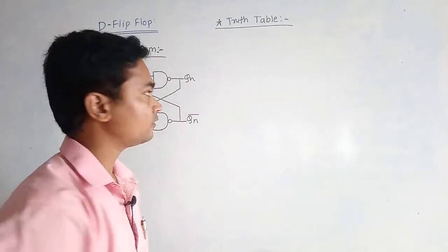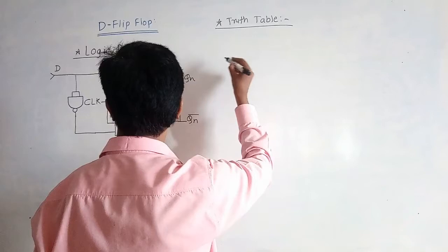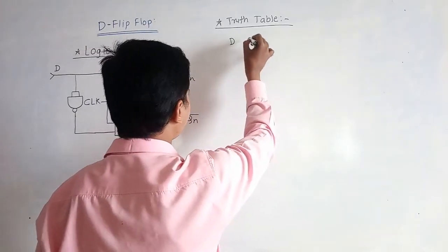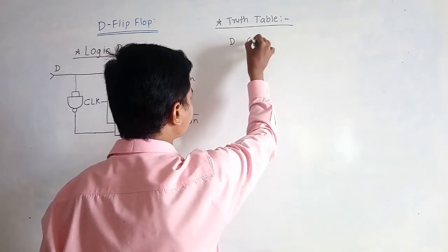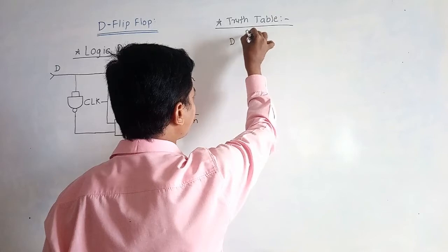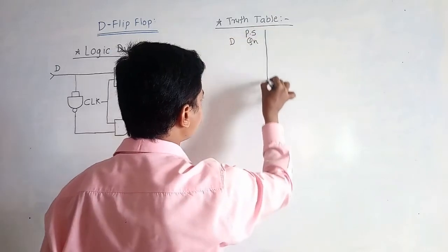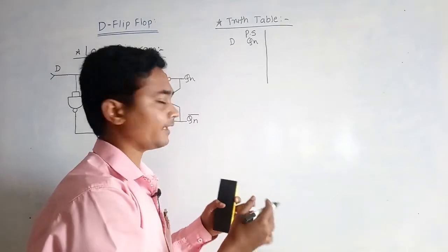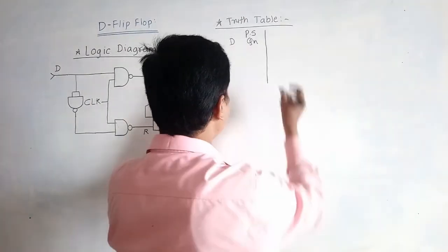The truth table will have two inputs, the D input and Qn, which is called the present state, and the next state of the output, that is Qn plus 1.